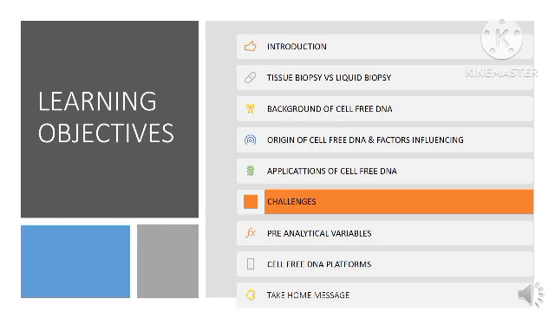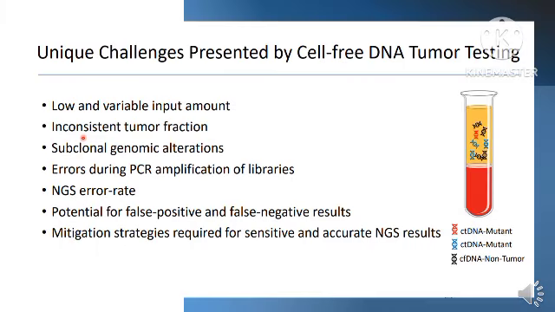We know the applications of cell-free DNA, but there are challenges which need to be overcome for successful cell-free DNA tumor profiling. So what are the challenges?